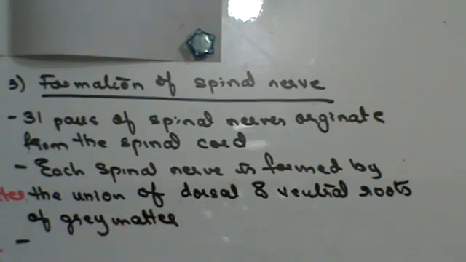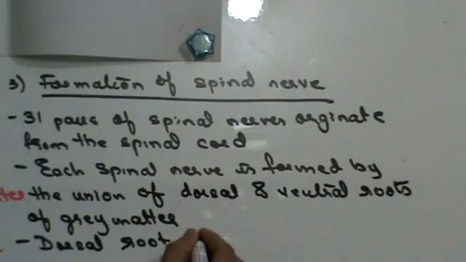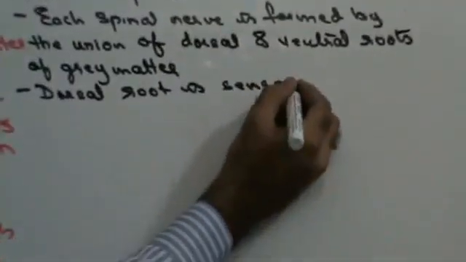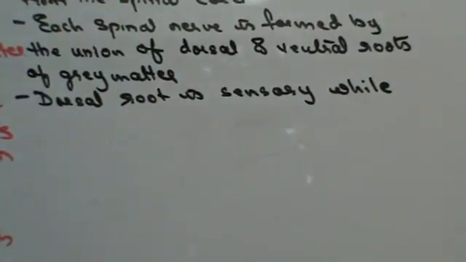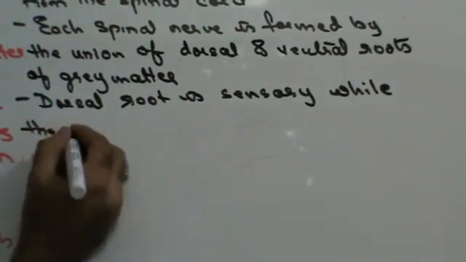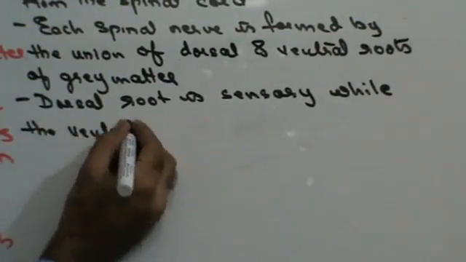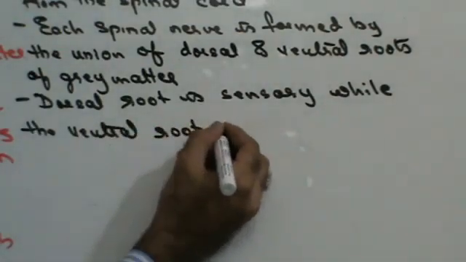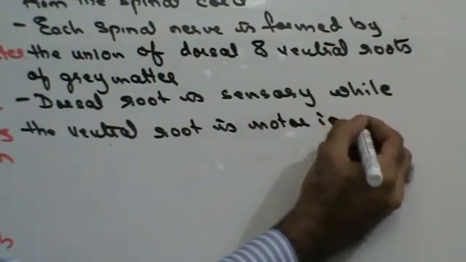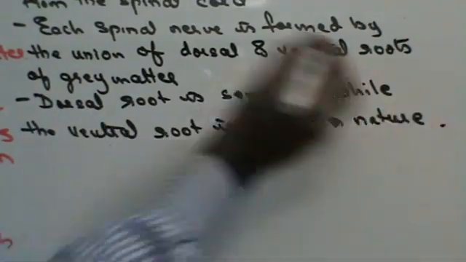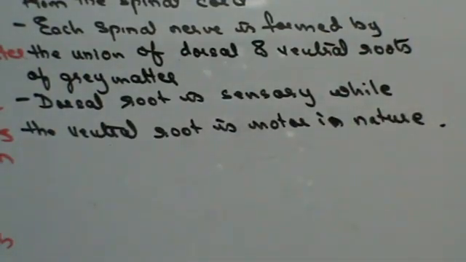Fine. The dorsal root is sensory while the ventral root is motor in nature. Fine.